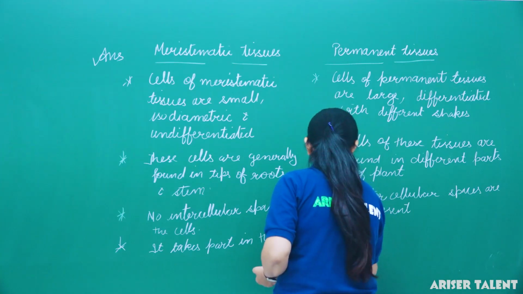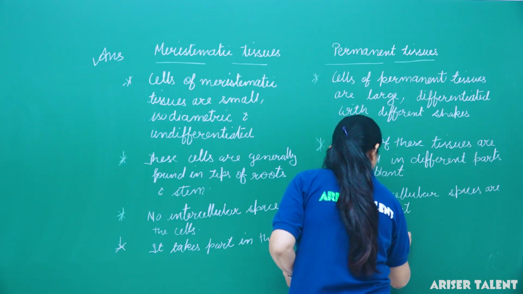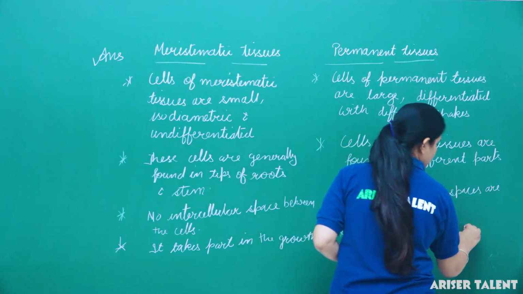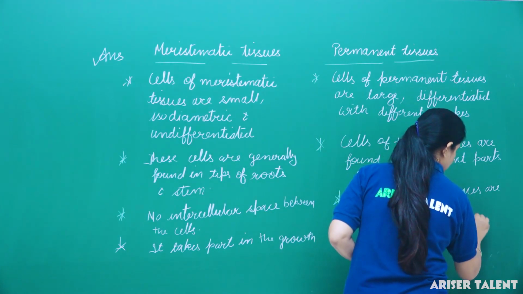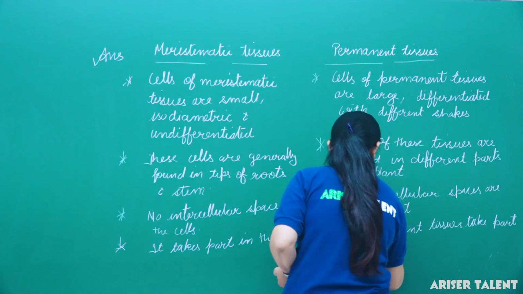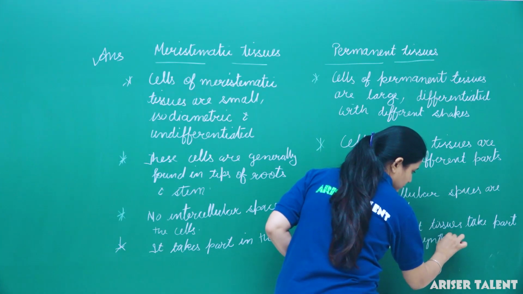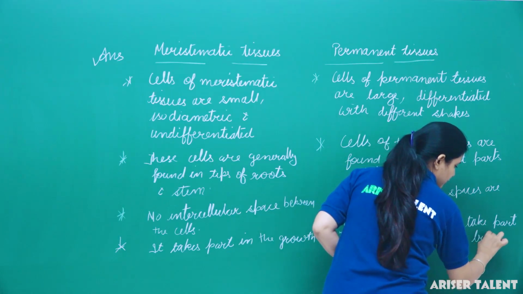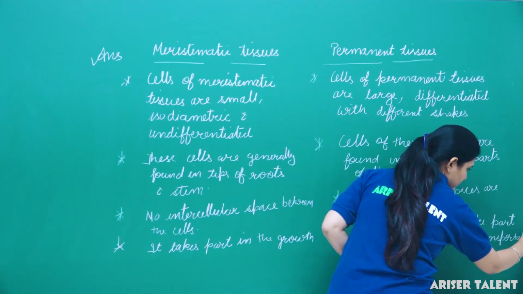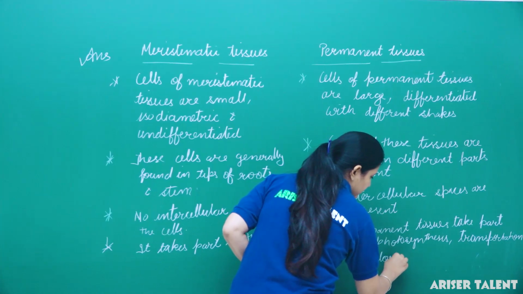Here we can mention that permanent tissue takes part in photosynthesis, transportation and storage of material.